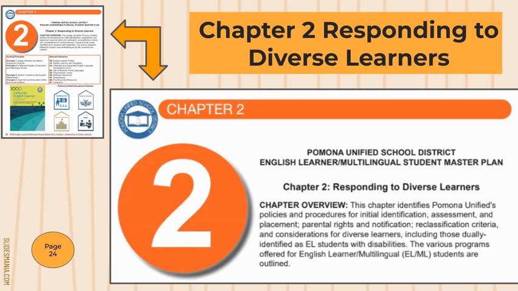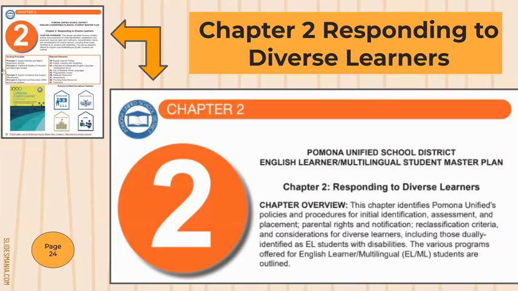This would be very important to you, Ms. Macias, as your child goes into kindergarten, how we assess students and place them. What are your rights as a parent? What do you have to get notified? Tonight's focus in this chapter is reclassification, and we really discuss how we're going to try to meet everyone's need, including our students that are duly identified as both EL students with a learning disability. So chapter 2 is very important for parents to have an understanding.